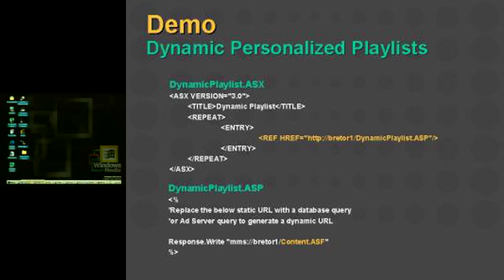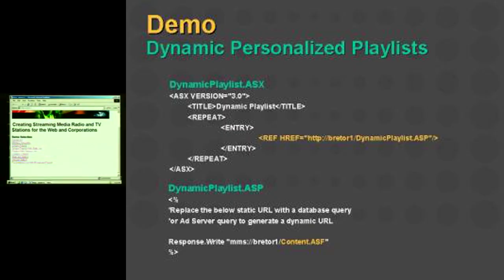So if we flip back to the demos here, we have the dynamic playlist. Again, that was one ASP hit. Now I have 10 seconds set, so in the background it's going back and pulling back the second ASP hit.